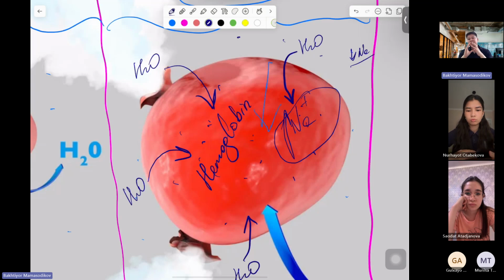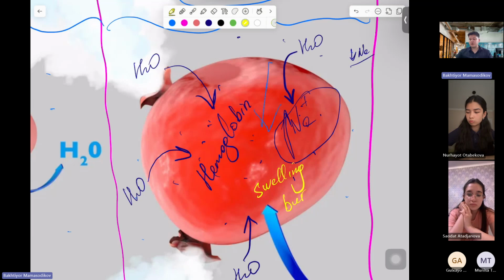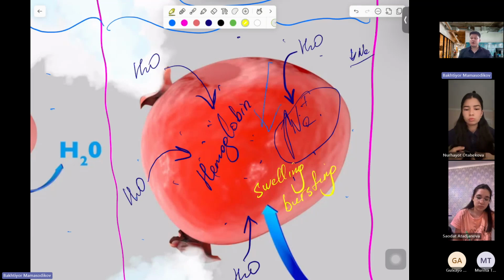That's why it is swelling. We call this process swelling, and it's bursting. It's going to rupture, and we lose this cell if we put it in the solution.